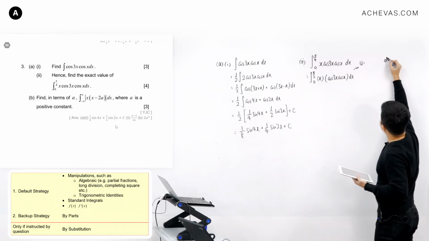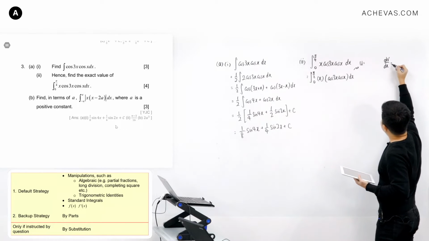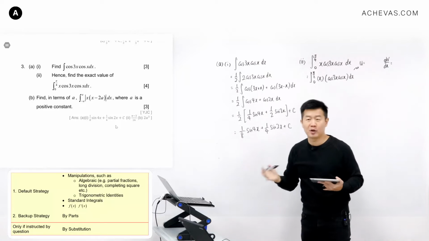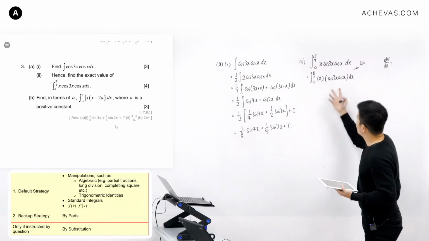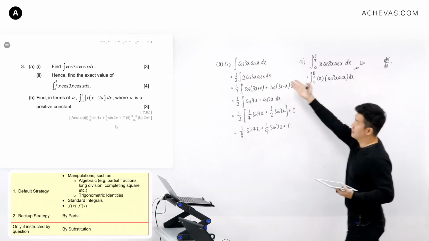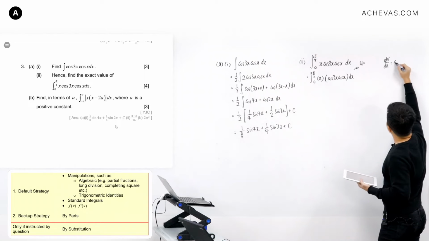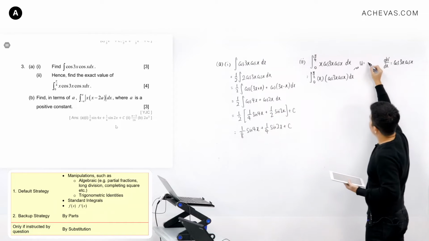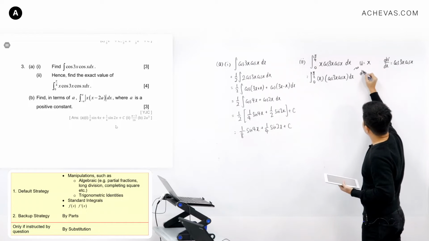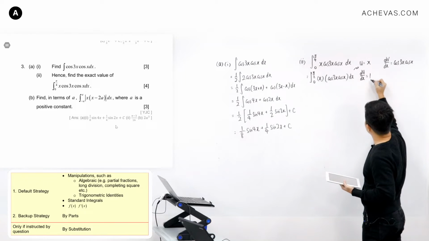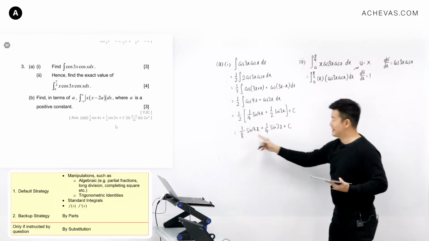Like what we were saying, we will actually be focusing on dv dx, if I'm not applying LIATE. So I'm going to go for dv dx to be this. Again, obviously it's because I can already integrate it. So this is going to be equal to cosine 3x cosine x, and u is going to be this x. So here, du dx is going to be 1, and v is going to be this over here.